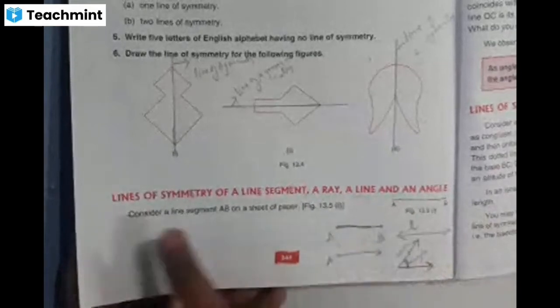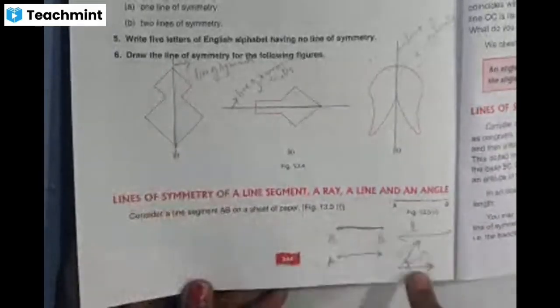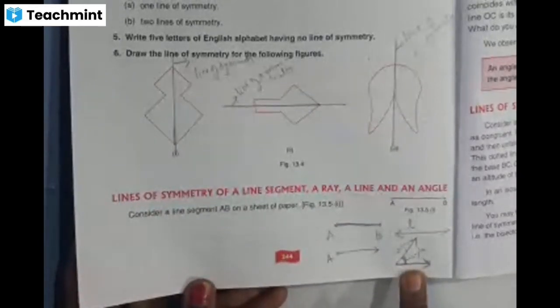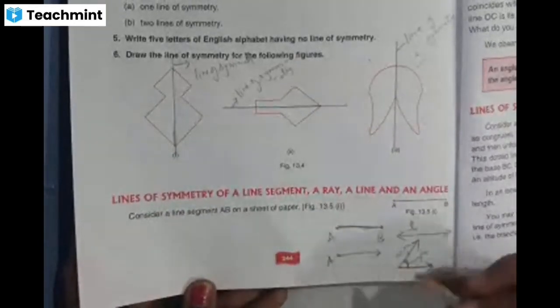Now, do we get the line of symmetry for all these figures? Yes. Some of them we get, some of them we don't get. For example, children, here is a line segment AB. Suppose this is 10 centimeter. If I draw the line exactly in the middle, this line is called the line of symmetry.